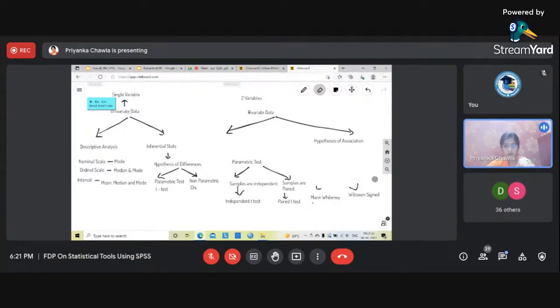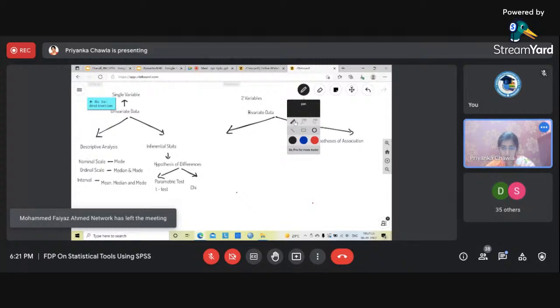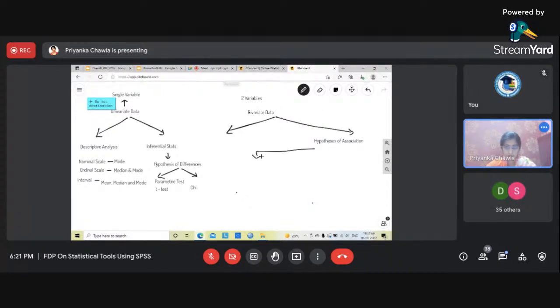Now, if we talk about hypothesis of association, again we are talking about parametric and non-parametric tests. If it is a parametric test, there are two variables, since it is a part of bivariate data.